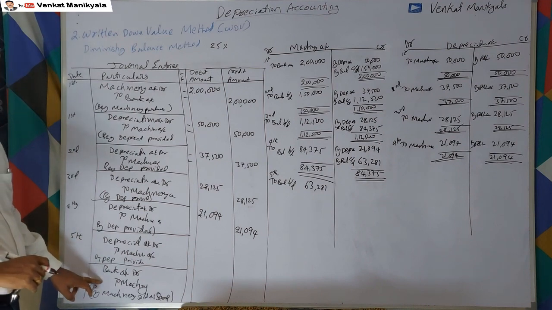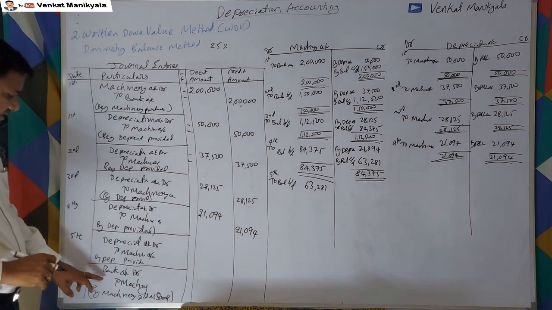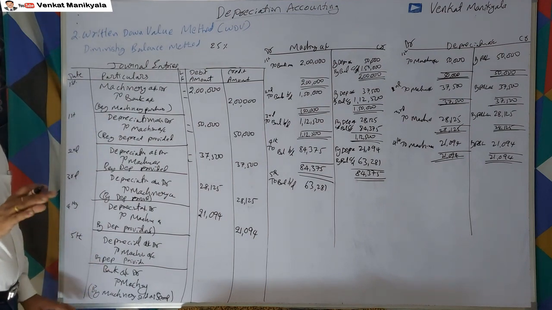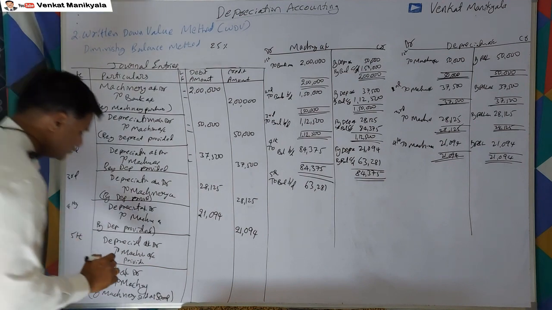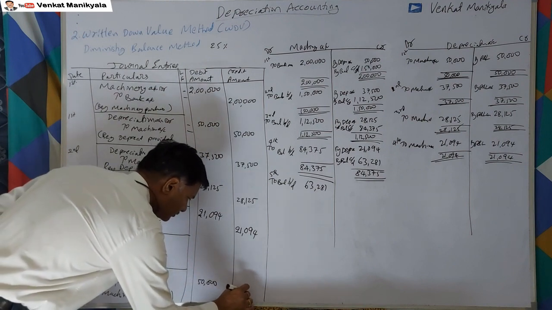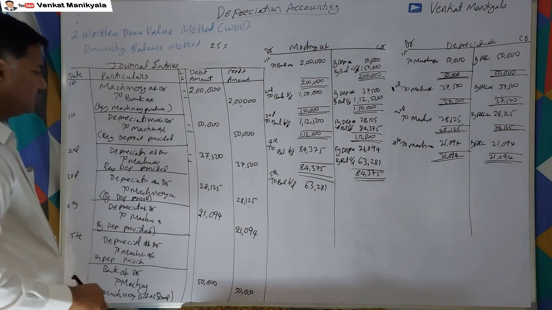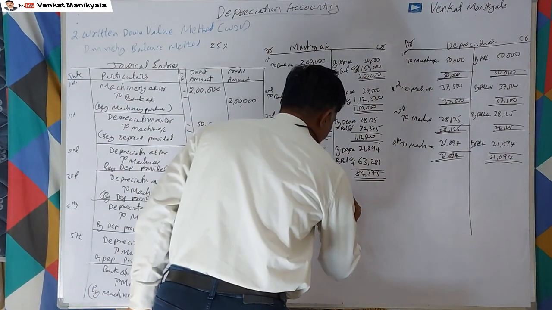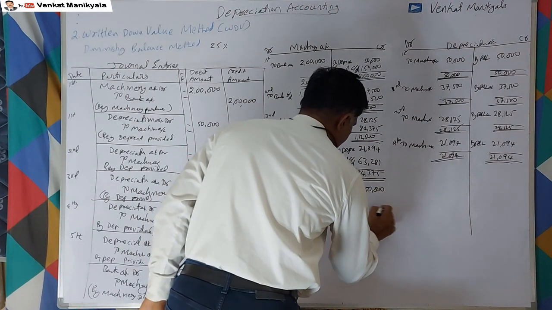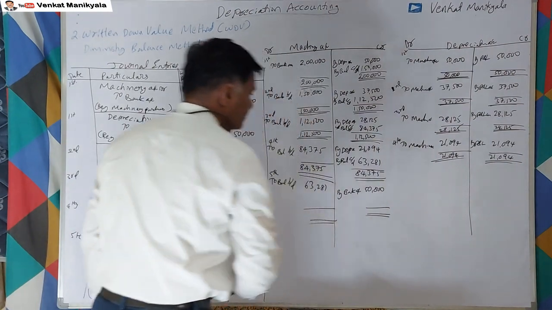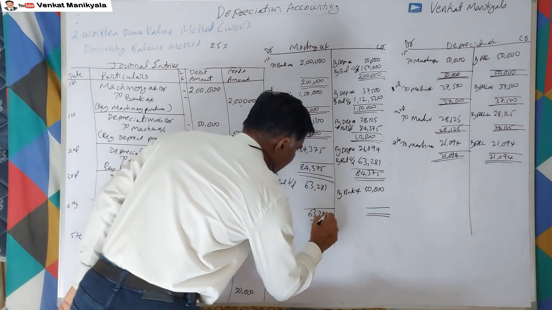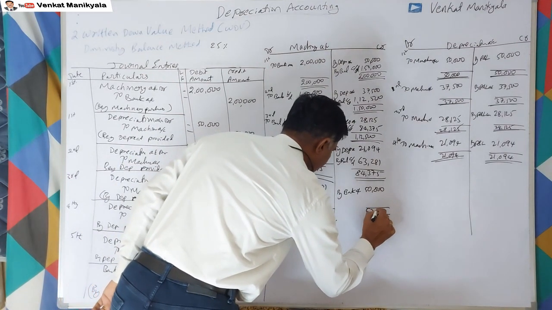In the last year, instead of writing depreciation account first, we sell the machinery first. So bank account to machinery account. The estimated sale value is 50,000, which we assume we are receiving. So in the machinery account, by bank account 50,000. How much is the depreciation here? 63,281 is the debit side.